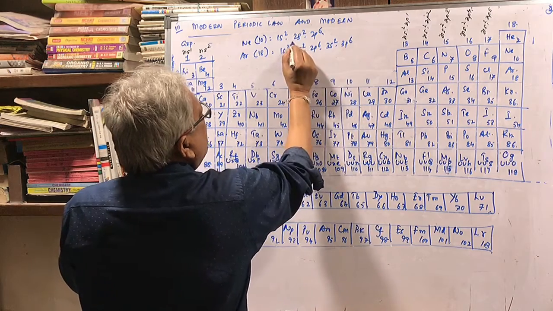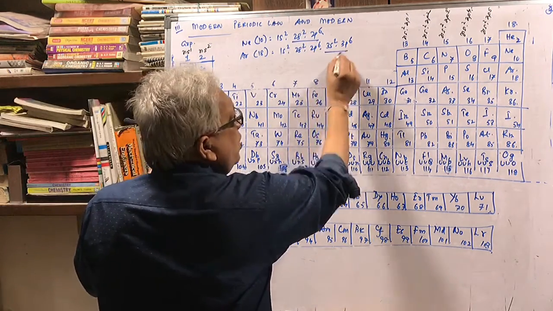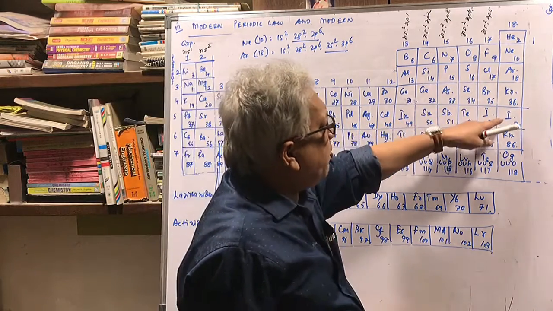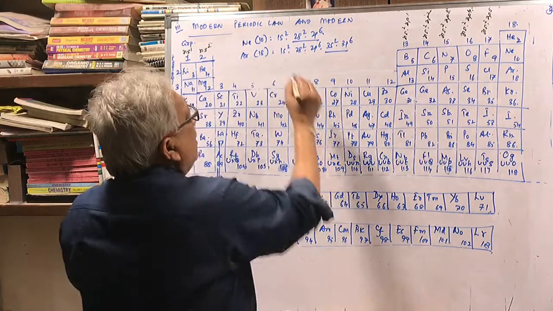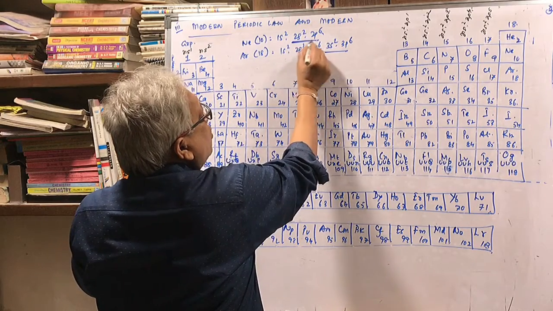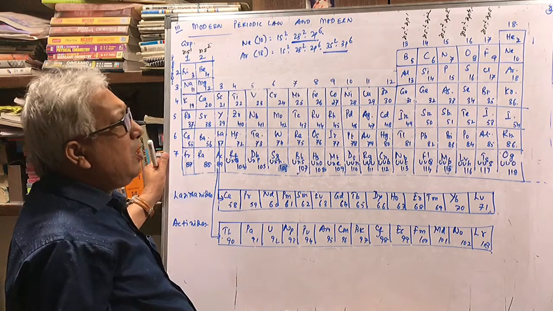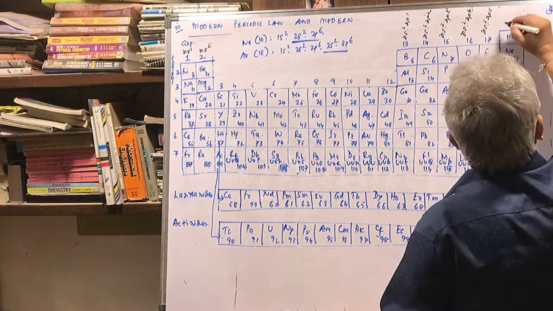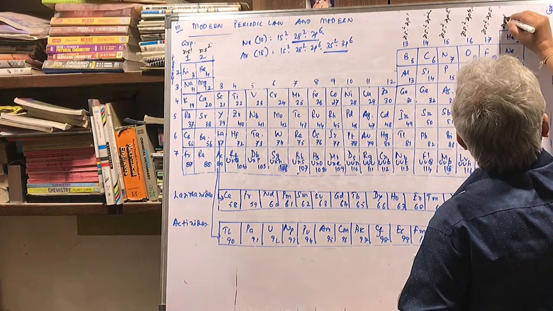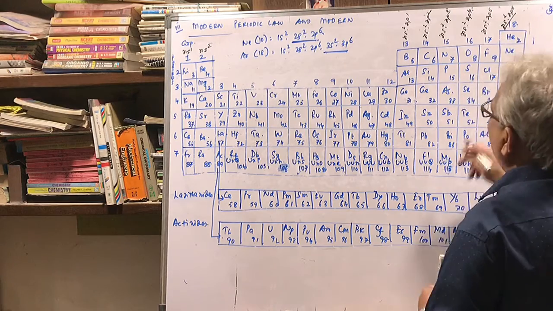So if you ask me what is the neon outermost configuration, 2s2, 2p6. Here it is 3s2, 3p6, 4s2, 4p6, 5s2, 5p6, like that. That means in the outermost shell they have got 8 electrons, that is octet. Out of that, 2 in the s subshell and 6 in the p subshell. So here I will write the configuration is ns2, np6.